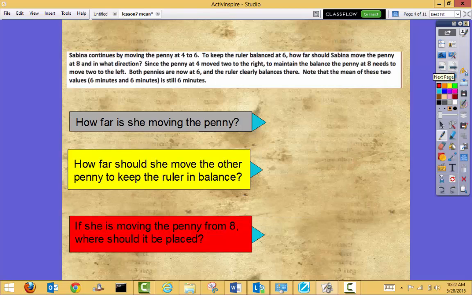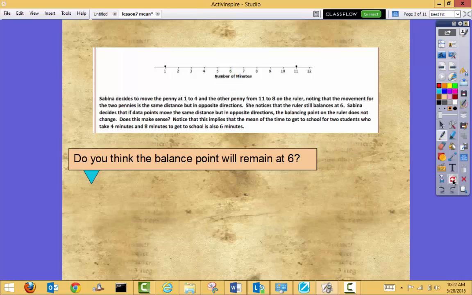Okay, Sabina continues by moving the penny at 4 to 6. To keep the ruler balanced at 6, how far should Sabina move the penny at 8 and in what direction? So let's look back here. We're moving it from 4 to where? I'm moving it from 4 to 6.